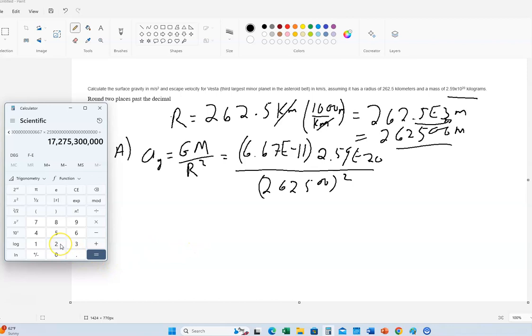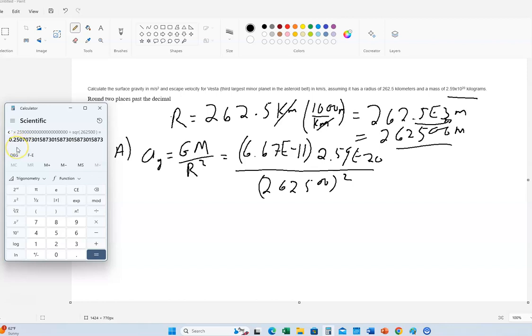So it's divided by 262,500. Or you could have said 262.5 times 10 to the third. But remember, you got to square that.